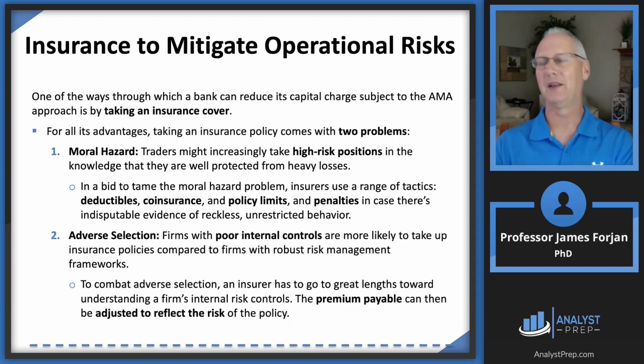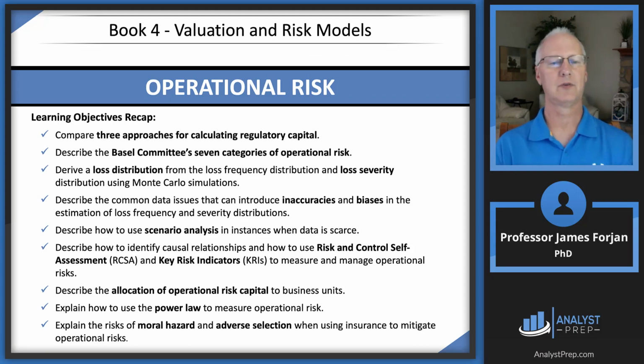So if you buy this used riding lawnmower and it doesn't have an engine in it, well, the person who's selling it to you is going to try to mask the idea that there's not an engine in there and try to sell it to you at the highest price. And of course, this happens all over the place with adverse selection and insurance. And so insurance companies go to great lengths to prevent people from buying insurance on the day before they know they're going to need it. And I think that takes us through the chapter.